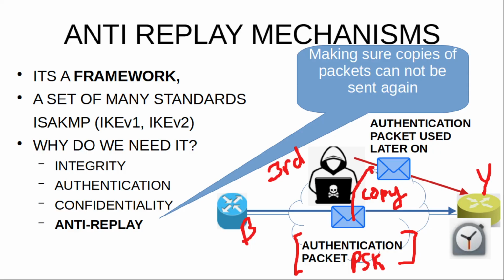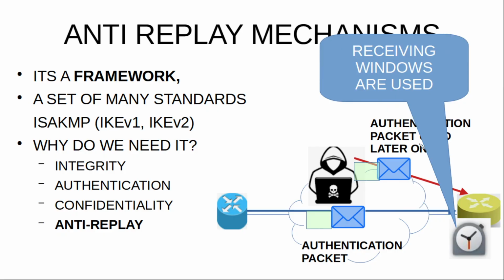So this party can send this packet later on, and in this example, if this packet happens to be an authentication packet, there is the possibility that this third party can authenticate itself to this device using the copy of a packet.